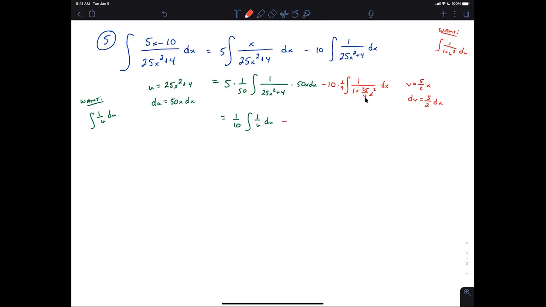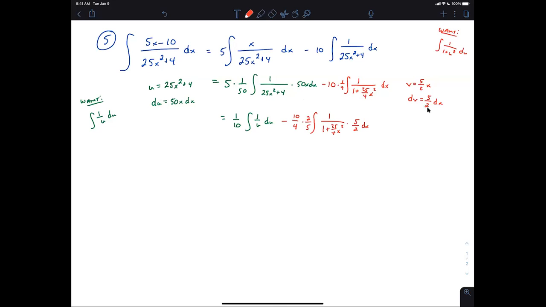So then, okay, we've got 10/4, which is 5/2. I'm going to write it as 10/4 just in case you're looking at it later. It is more or less random that 10/4 matches this 5 halves. That's not the reason it's 5 halves. So this is 10/4 right now. But now we need a 5 halves inside. And so we get 1 over 1 plus 25/4 x squared, and then 5 halves inside, which means we need 2/5 outside.